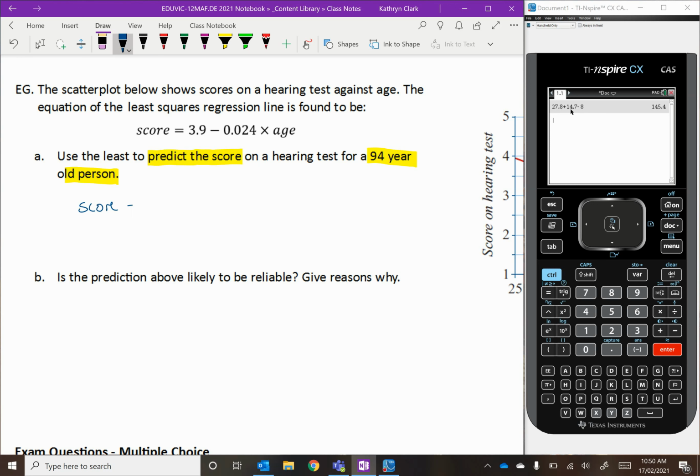So score is going to equal 3.9 minus 0.024 times by an age of 94.